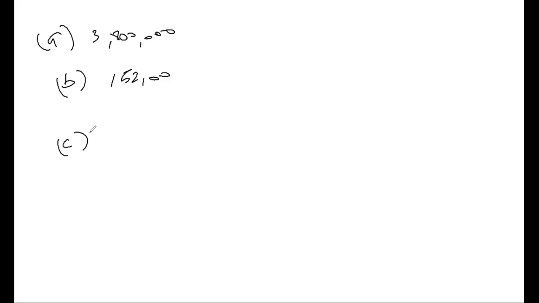All right. So we know that for part A, the answer was 3.8 million, right? So just write that down. And we also know that for B, the answer was 152,000. Right. So how about part C? It says benefit, right? We know that the benefit is going to be what? 152,000, right?